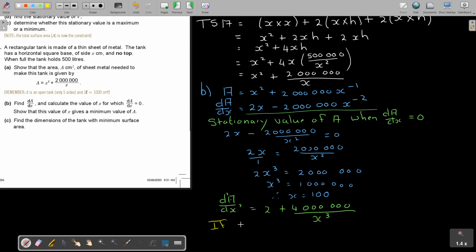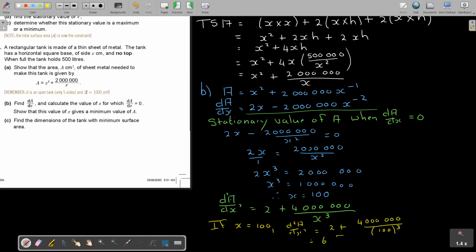And now I can say, what is that point again? If x is 100, then d squared A over dx squared is 2 plus, okay, and if I work out that, I will get exactly 6.